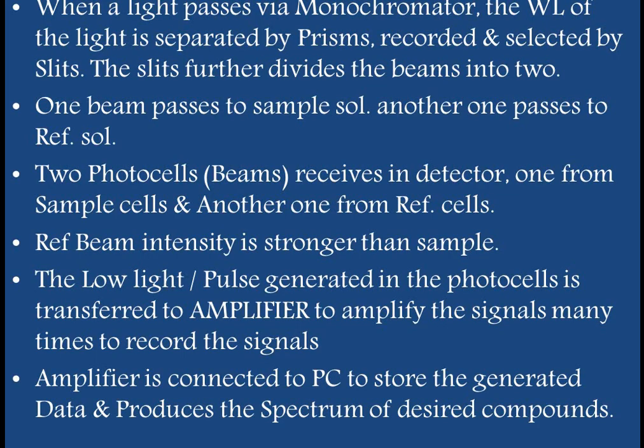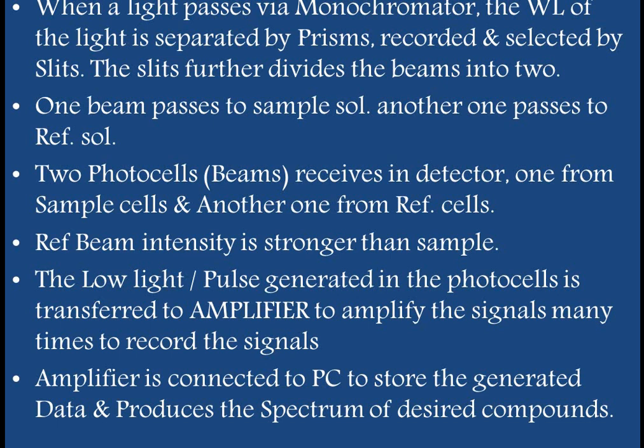Here is the explanation. When light passes through the monochromator, the wavelength of the light is separated by a prism and recorded and selected by slits inside the monochromator. This slit further divides the beam into two. One beam passes through the sample solution, the other passes through the reference solution.